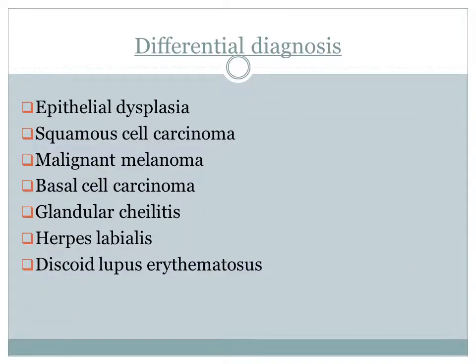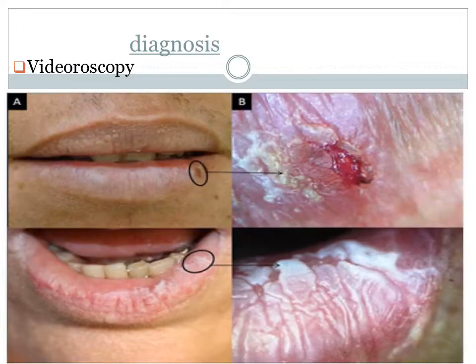Differential diagnosis: epithelial dysplasia, squamous cell carcinoma, malignant melanoma, basal cell carcinoma, glandular cheilitis, herpes labialis, discoid lupus erythematosus. Diagnosis, first videostomatoscopy.